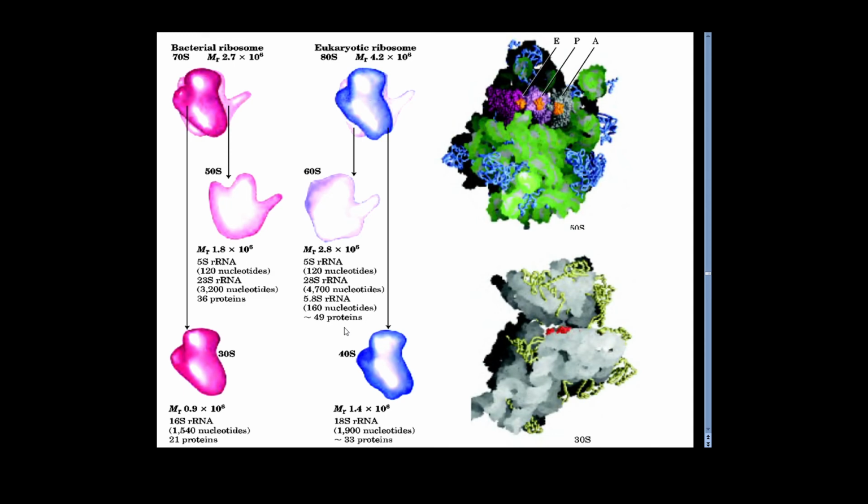And when the 30S and 50S subunits of the prokaryotic ribosome are associated together, it leads to a more compact structure than the sum of them.